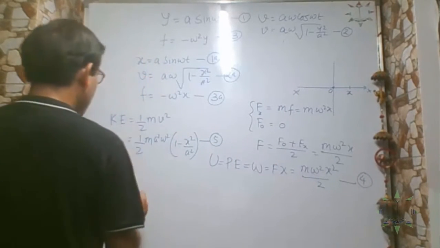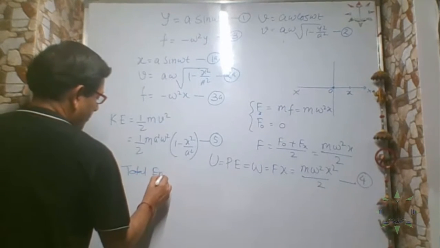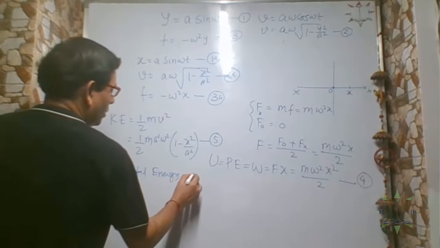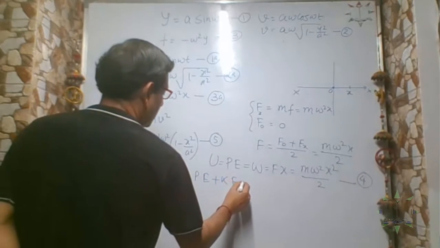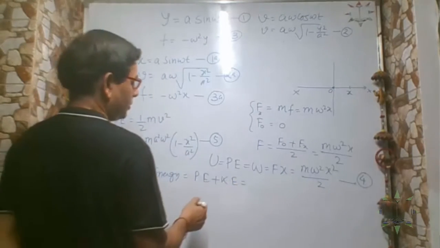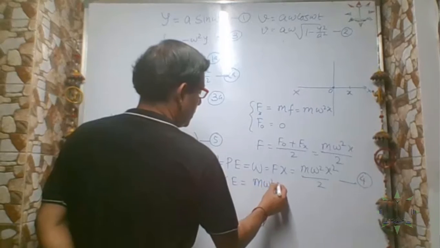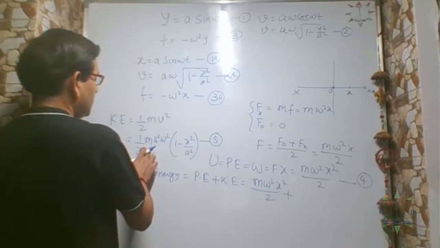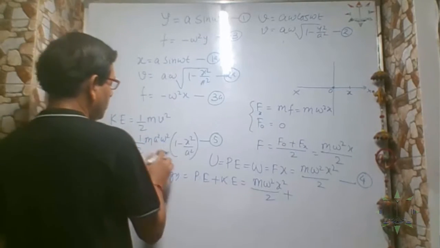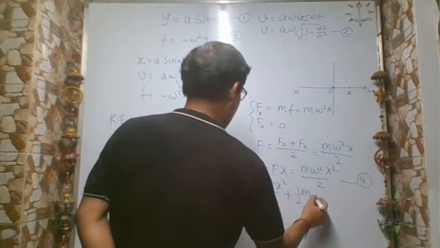So what is total energy? Total energy means potential energy plus kinetic energy, U plus K, correct? So potential energy is half m omega square x square, plus kinetic energy, which is half m a square omega square times 1 minus x square by a square.